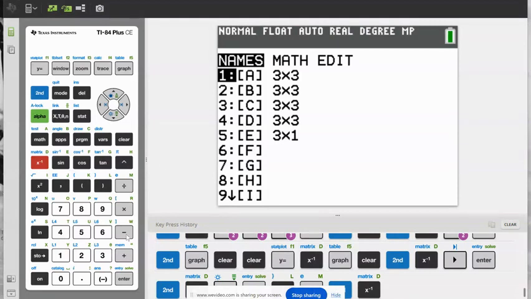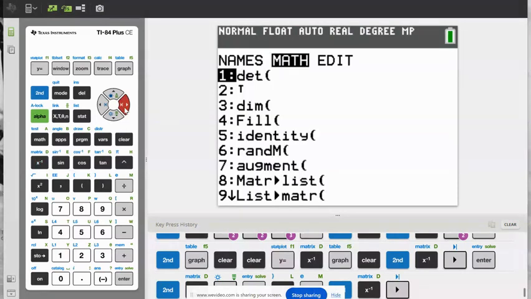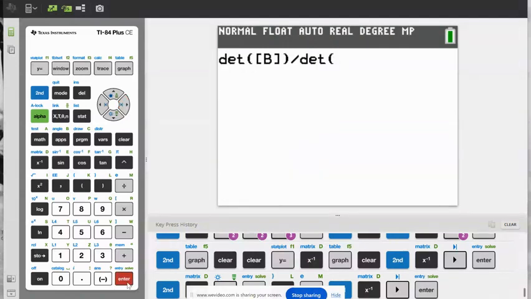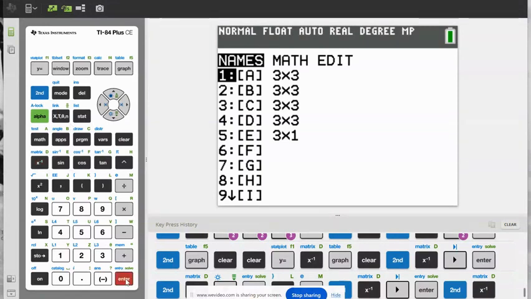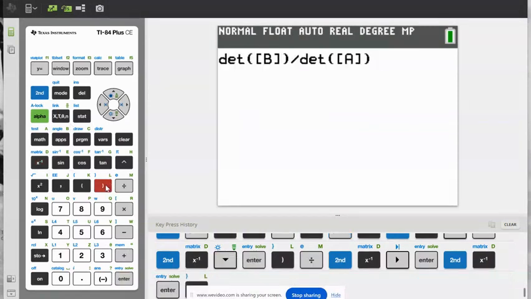Oh, sorry, we're choosing determinant. So scroll over to math. Choice 1. Now we're going to pull matrix A. And then we press enter. And what do we get for x? X is equal to 3.